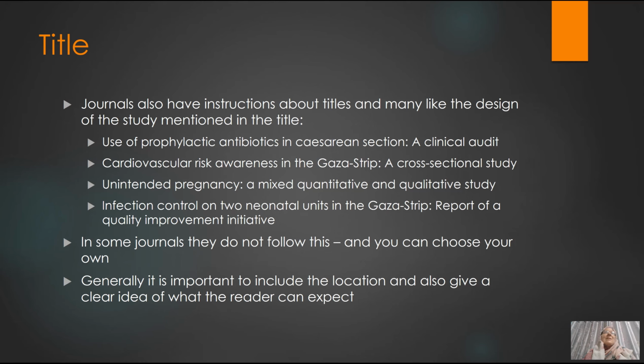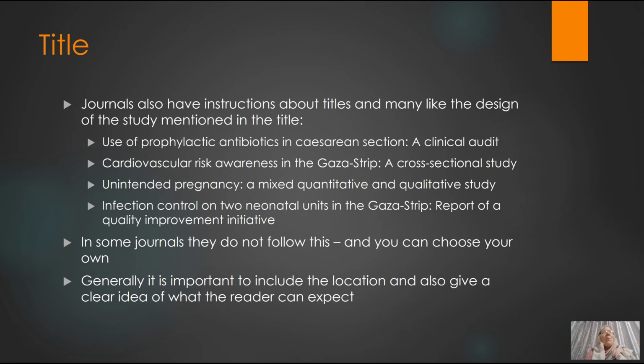So let us talk about the title first. You find different sorts of journal title, or paper title. Some papers seek to make it an interesting title. Other papers seek to be descriptive in their title.